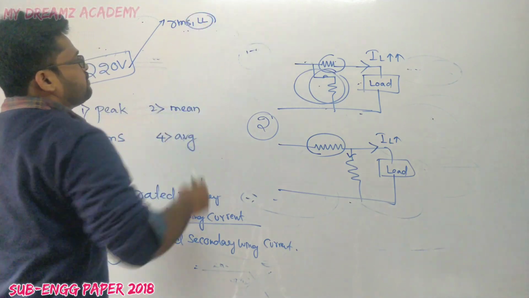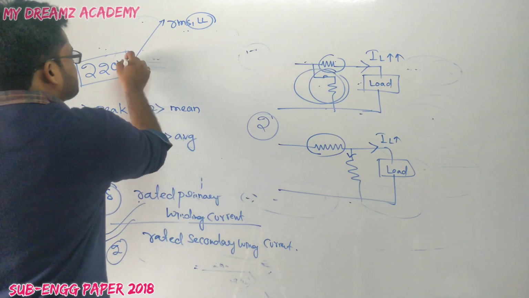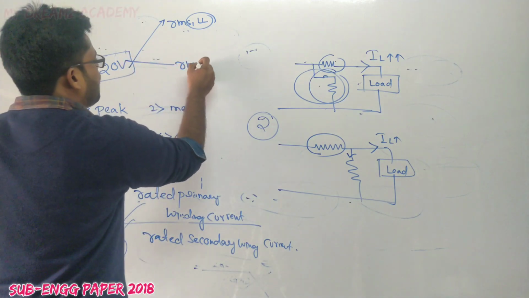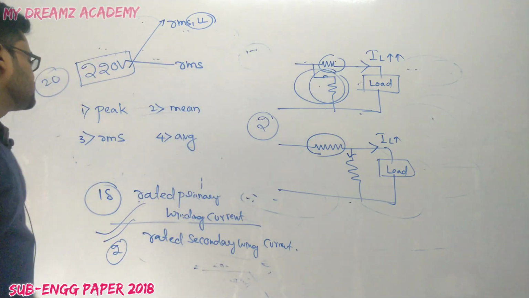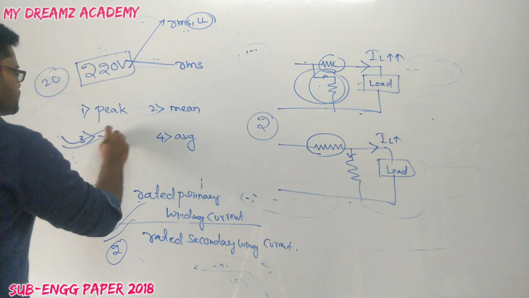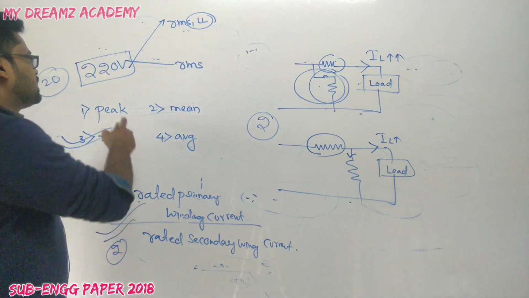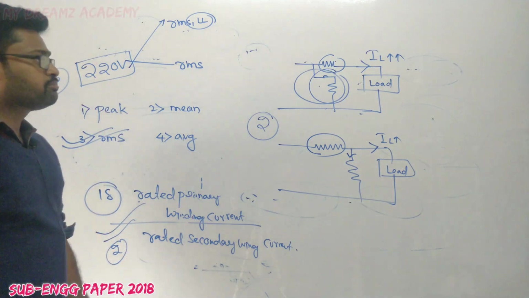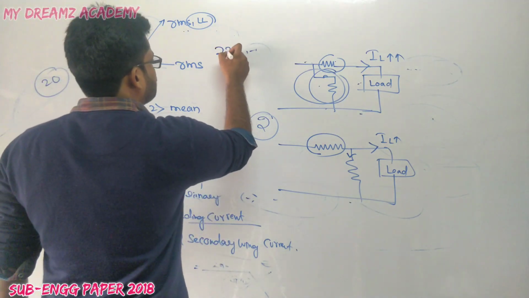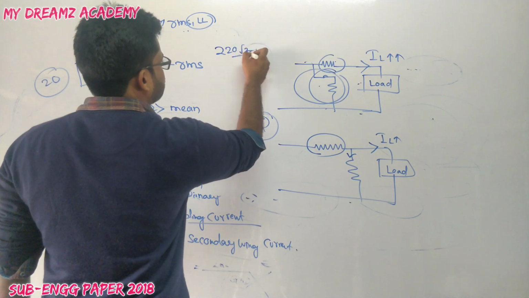If it is three phase or if it is single phase, you have to take the RMS value. So which option is correct? Option 3 is correct. If you wanted to calculate the peak value for this, that is 220 into root 2.